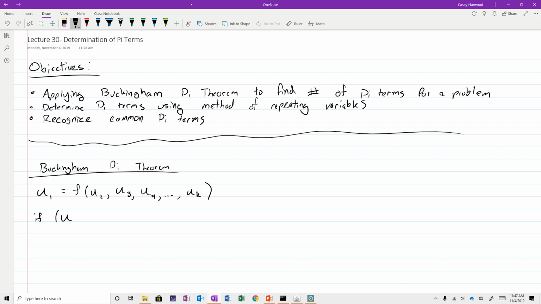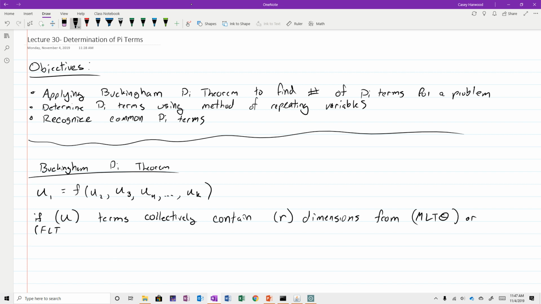Then we said if you write out the dimensions of each of these U terms, if our U terms collectively contain R dimensions from either mass, length, time, temperature, or if you prefer making things harder on yourself, the force, length, time, temperature system of dimensions.